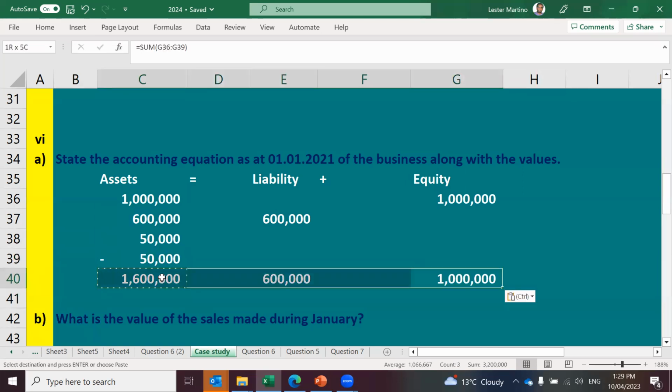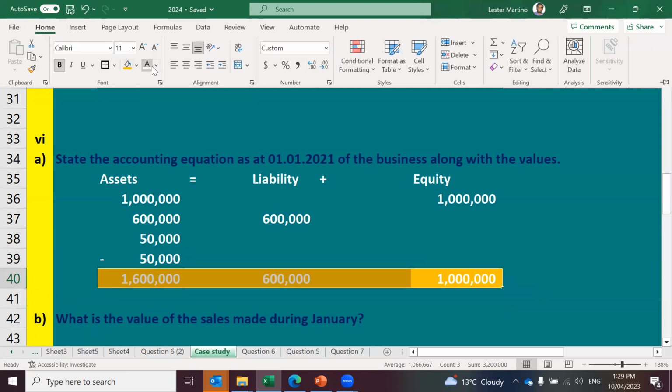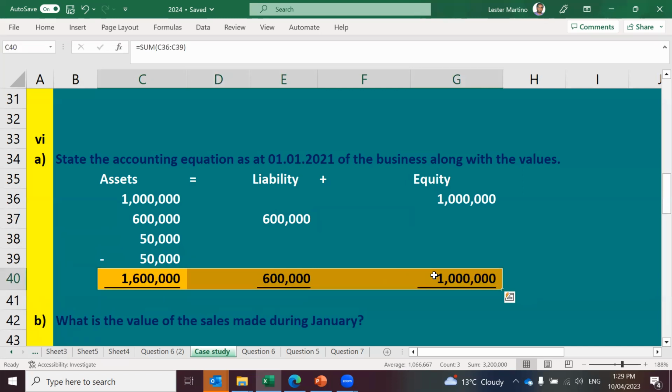So this is your overall answer. Is it clear, everyone? Is it clear? Now most of the time they ask as at the beginning. So as at the beginning, he would only invest some amount of money, or probably he would have taken a loan. That's all. Very simple.